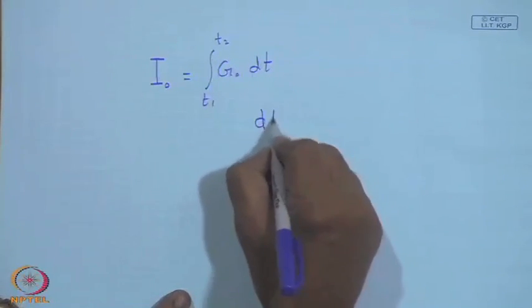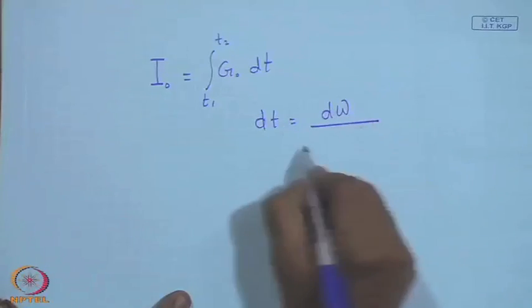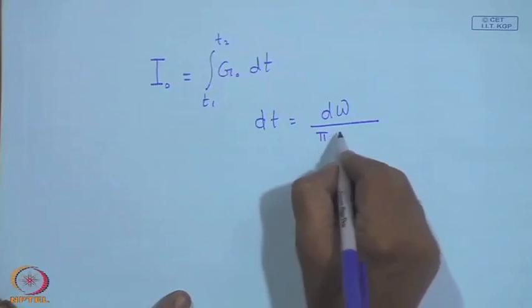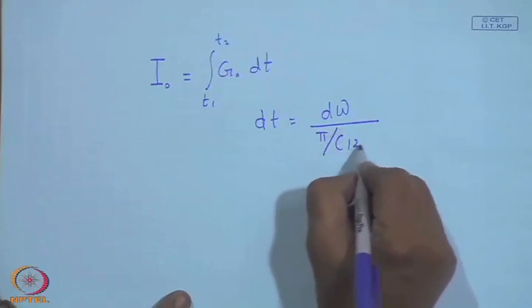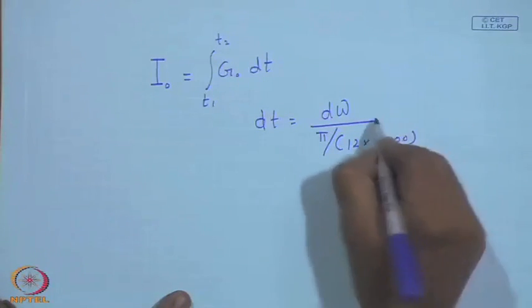So, dt can be nothing but d omega divided by pi by 12 into 3600.